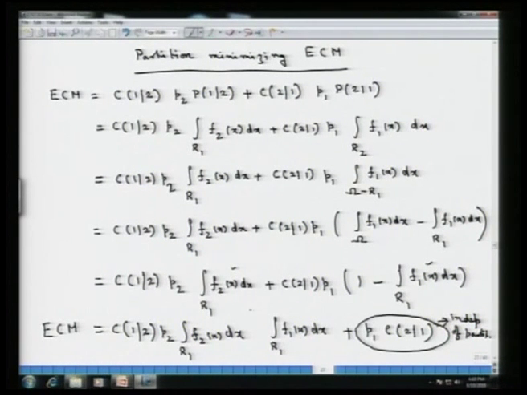This term has a constant multiplier, which is C(2|1) times P1. So, this term when multiplied with this term leads us to C(2|1) into P1 into this particular term. So, when we are looking at finding the partition which would minimize the expected cost of misclassification, we can look at just this particular term and look at what partition leads to the minimum of the expected cost of misclassification.